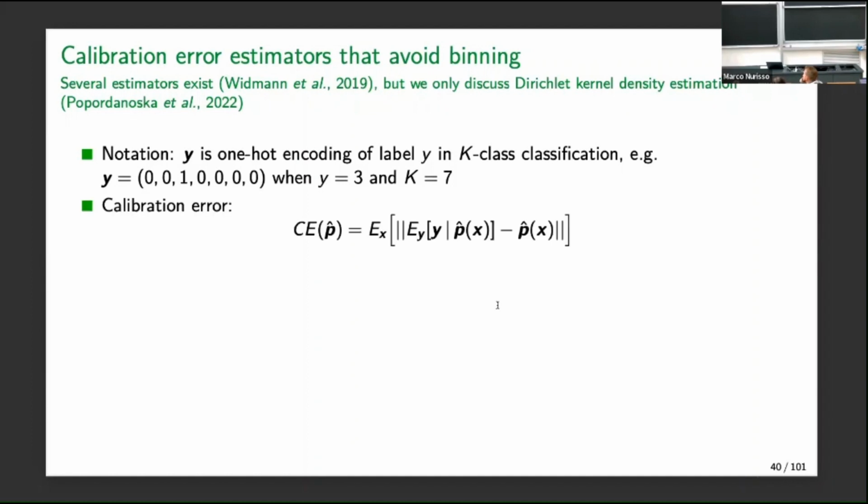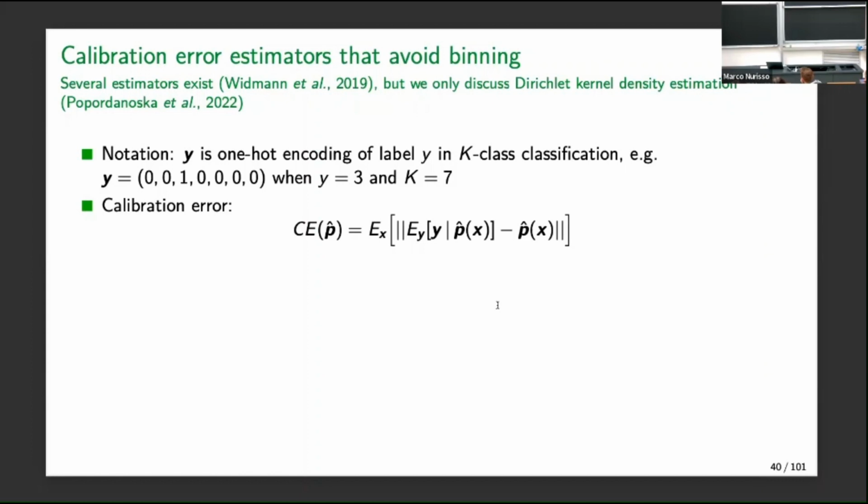Then in this paper that I had on the previous slide and also on top here, they define a calibration error as follows. It's actually quite similar to this notion of strong calibration that we had on the previous slide, but it's now defined as follows. We take an expectation over the X, and then we also take an expectation over the labels given the observed X. What you see on the right-hand side is the predicted probability, and on the left-hand side, the frequency of seeing a particular label for all the instances that have a given probability.